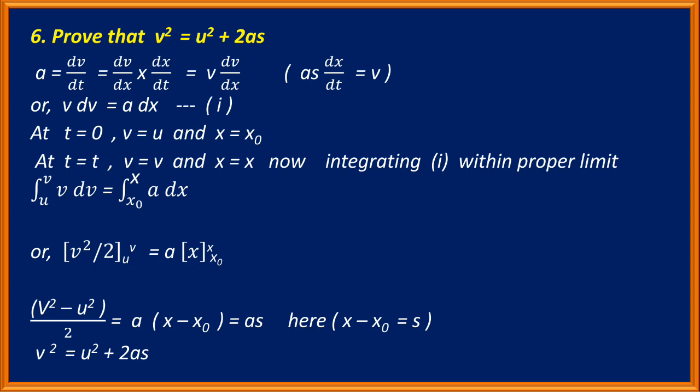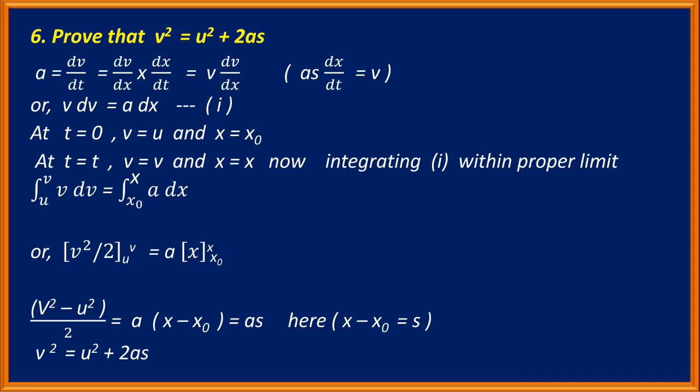So the limit over which v dv is integrated is u to v, and for a dx the limit is x naught to x. So after integration, we are getting v square by 2, the limit is u to v, equal to a x, the limit x naught to x.